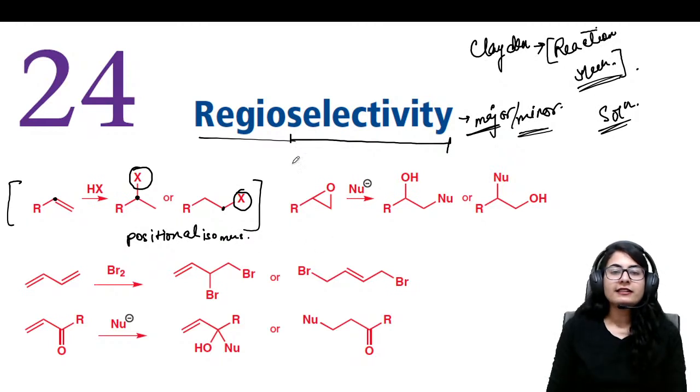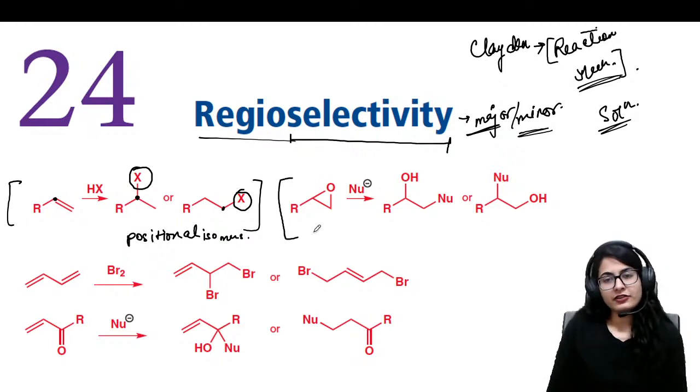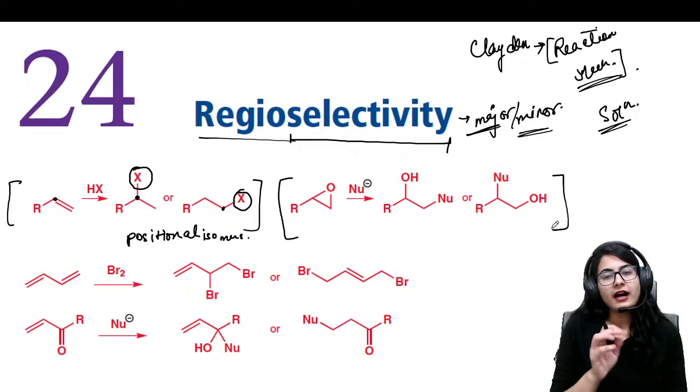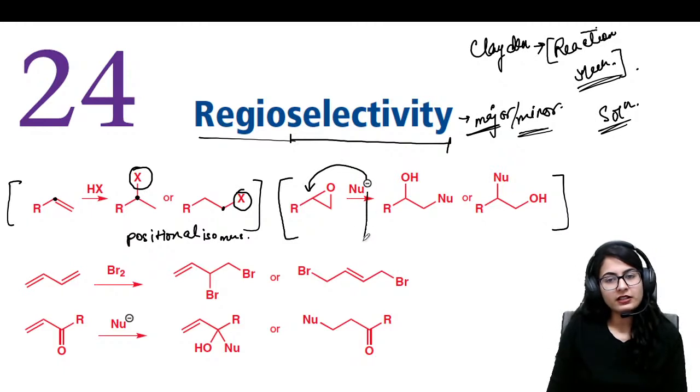All right then. Similarly, we look at the reaction of an epoxide. How is the epoxide going to open? Where is this nucleophile going to attack? It can attack over here as well, it can attack over here. So there are two ways in which the epoxide can open up.